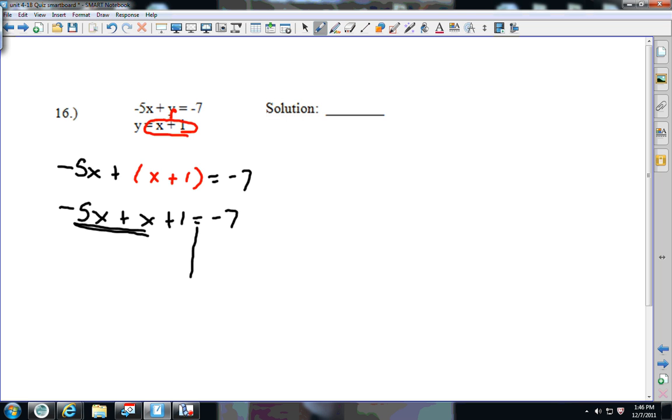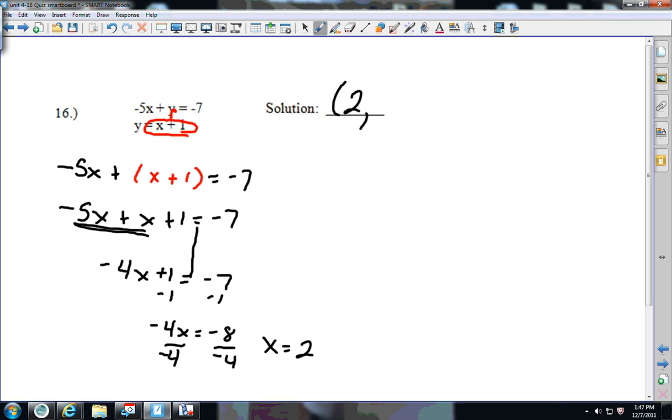My x's go together. I get negative 4x plus 1 equals negative 7. I will subtract 1 from each side. Negative 4x equals negative 8. Divide by negative 4. X equals 2.